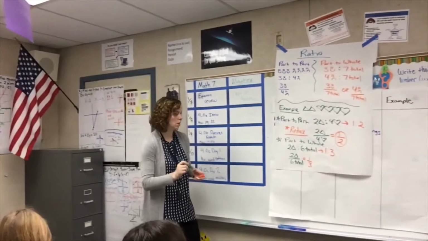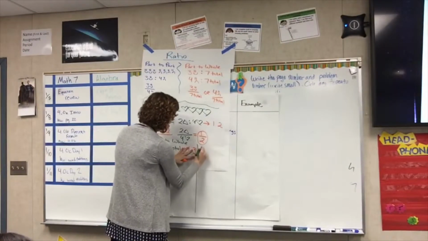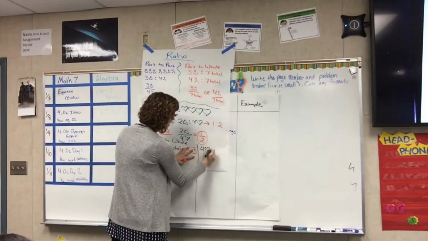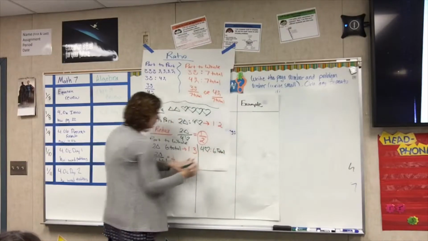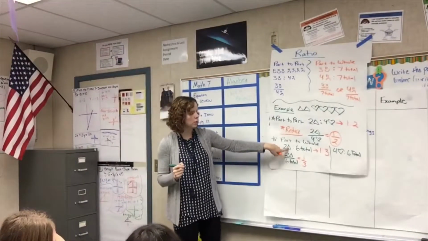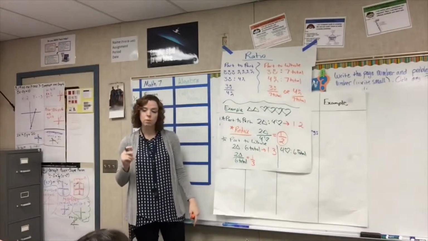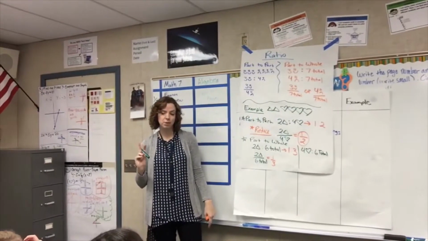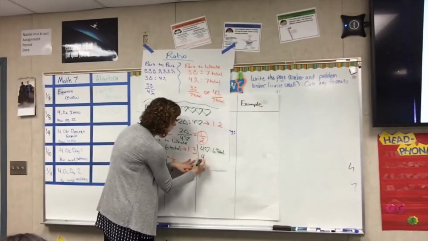Okay, is there another part to whole that we haven't discussed yet that we can do? Yes, 4 hearts to 6 total. Wait, is this a part to part? Oh, this is the part to whole. Yep, because we can do it with triangles. We can also do it with hearts.